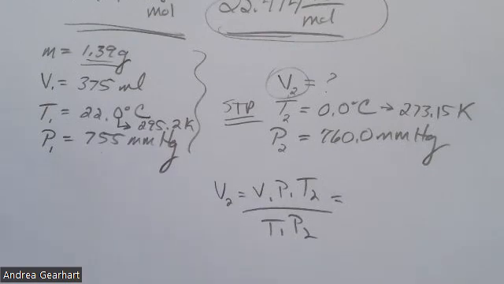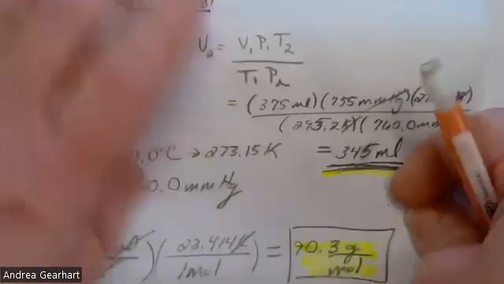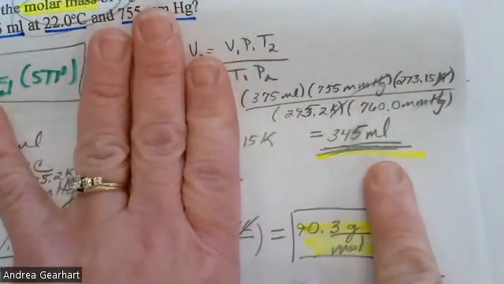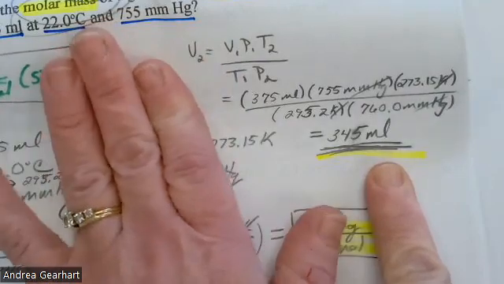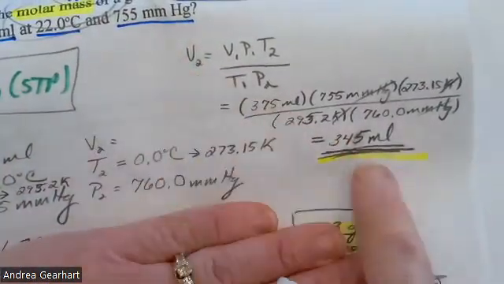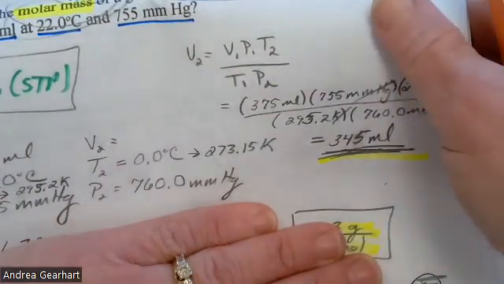So, when we plug and chug, we get 345 milliliters. Okay, so there is the application of the combined gas law for that problem.